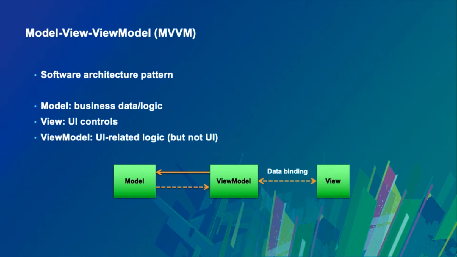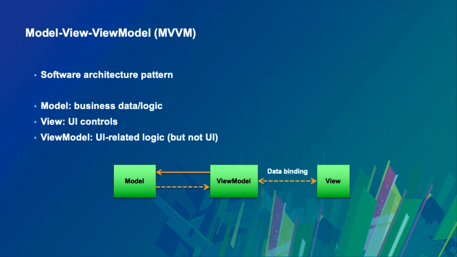You have models, which are simple business type objects, no UI, no UI controls at all. On the other end, you have views, which are the UI controls. And in the middle, you have view model objects, which are essentially UI type logic, but there are no UI components or views in those classes.